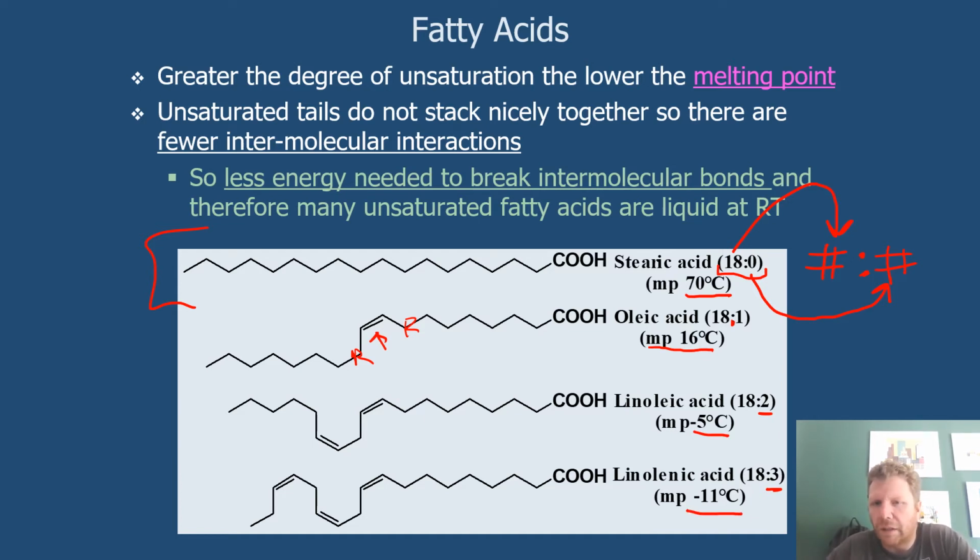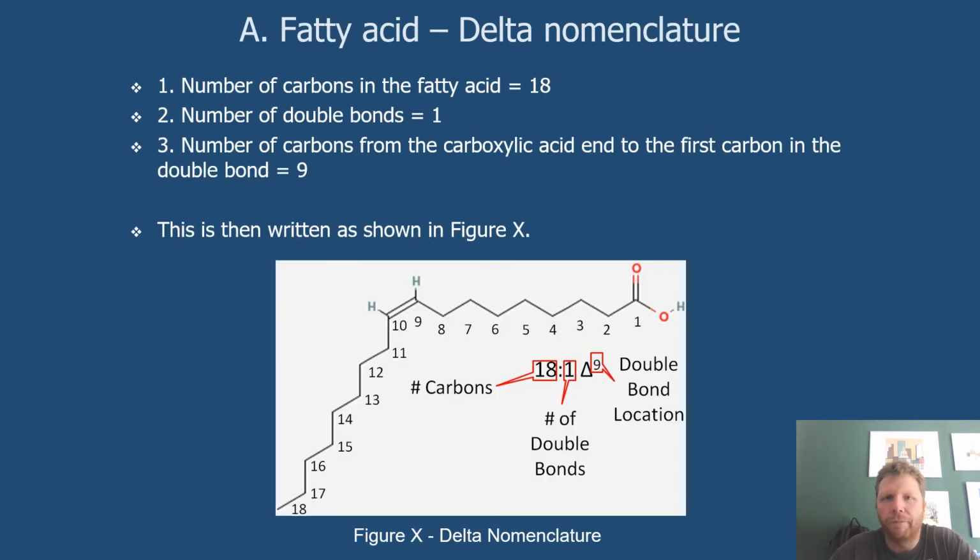So essentially, the more double bonds that are introduced, the lower the melting point is. What that means is that there's less energy needed to break any intermolecular interactions, and therefore unsaturated fatty acids are more than likely going to be a liquid at room temperature.